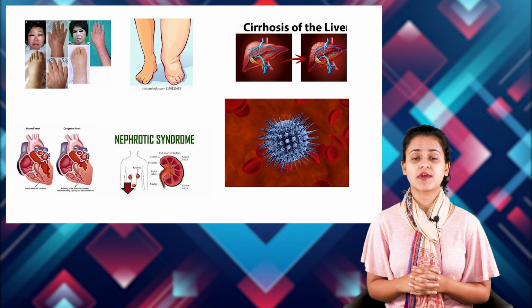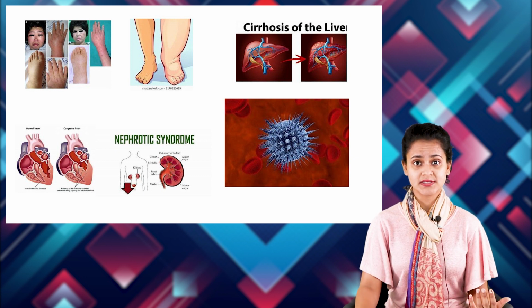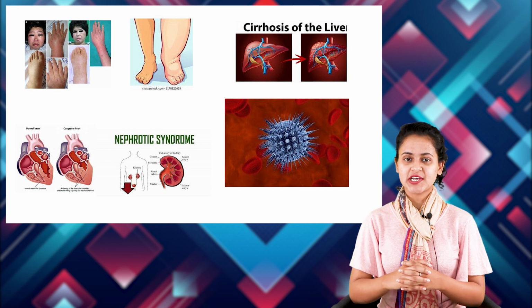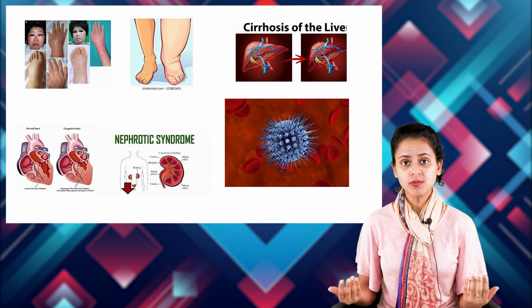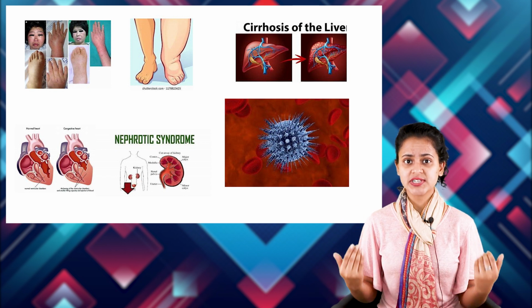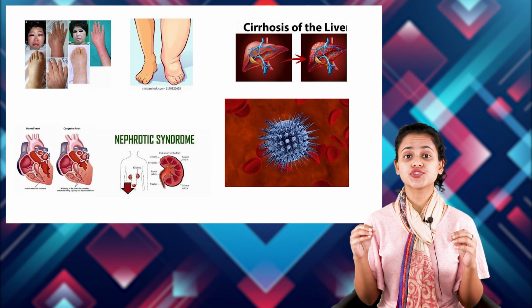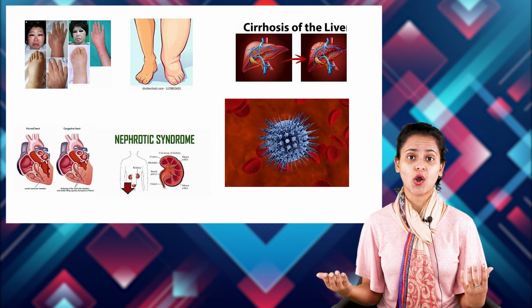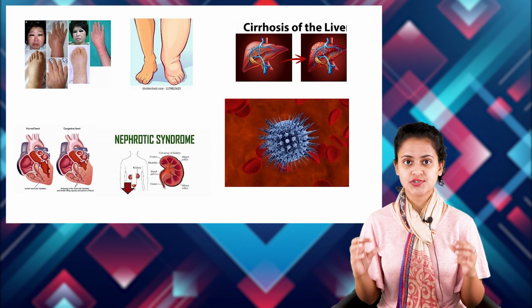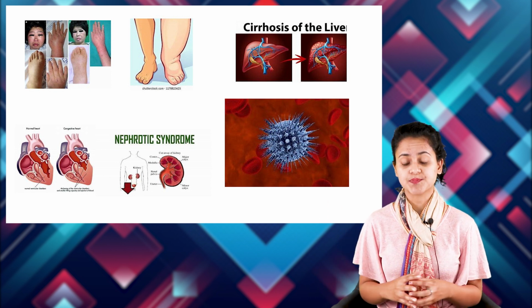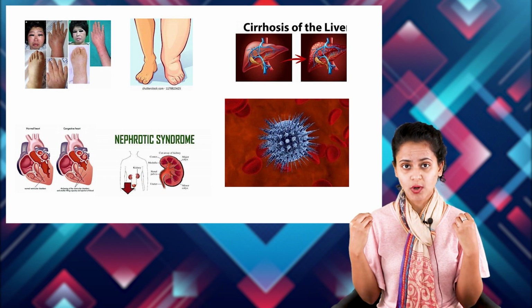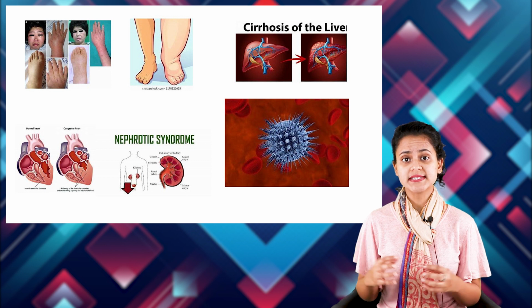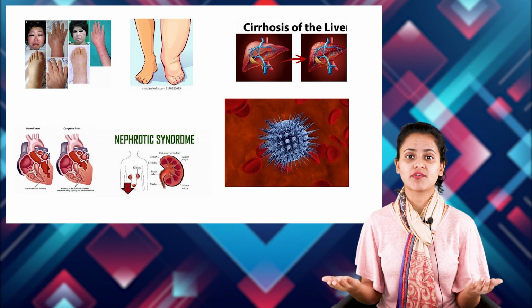The second disease condition is nephrotic syndrome, which alters the function of the kidney, and that is how water retention takes place. In chronic liver disease or cirrhosis, the albumin level will be decreased.